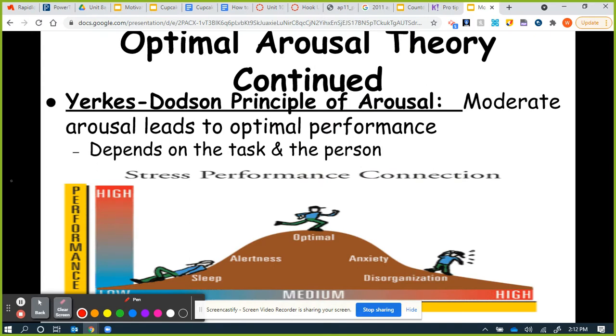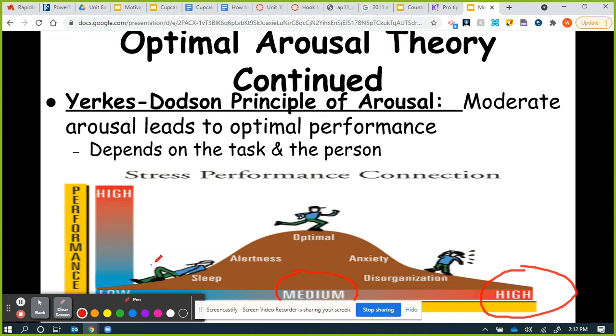Now, what they have found is that in terms of arousal and performance, we tend to perform the best at things when we are at a moderate level of arousal. All right? If our level of arousal is too high, meaning we're too stressed out, we become disorganized.